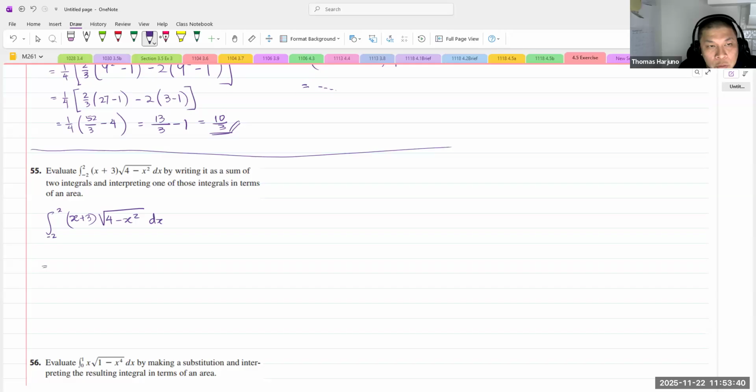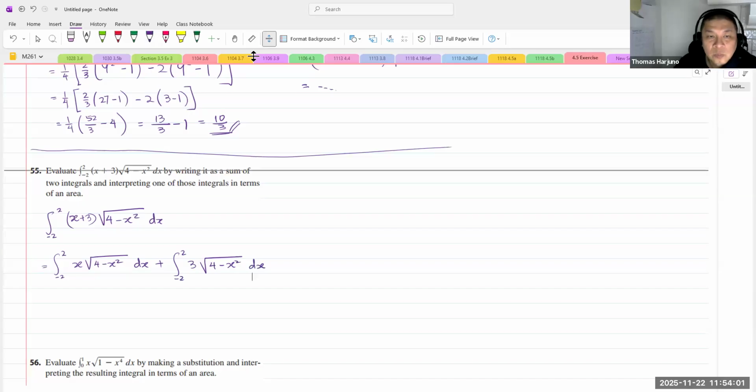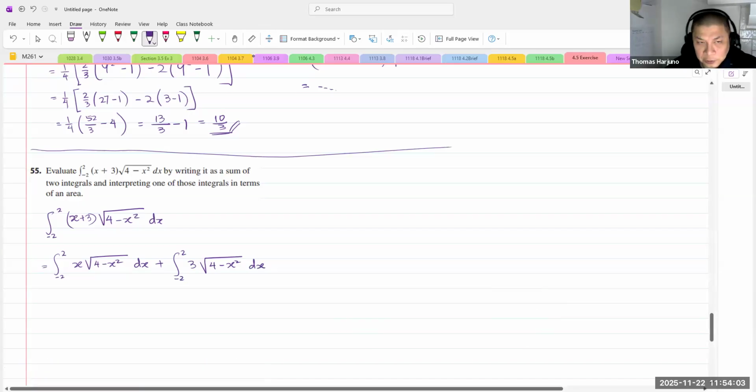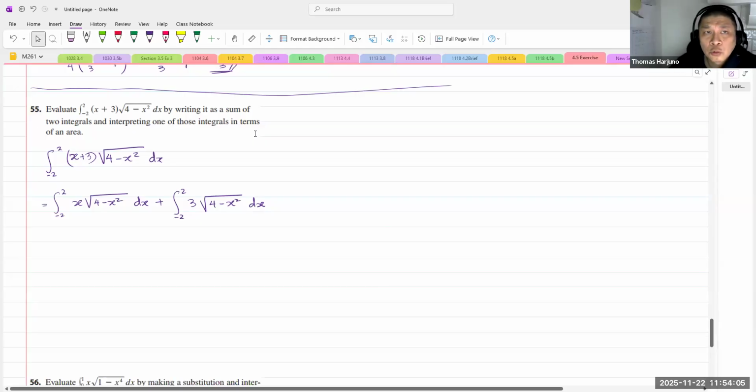This is equal to the integral from -2 to 2 of x times square root of 4 minus x squared dx, plus the integral from -2 to 2 of 3 square root of 4 minus x squared dx. This is a very theoretical question, but there are two observations.